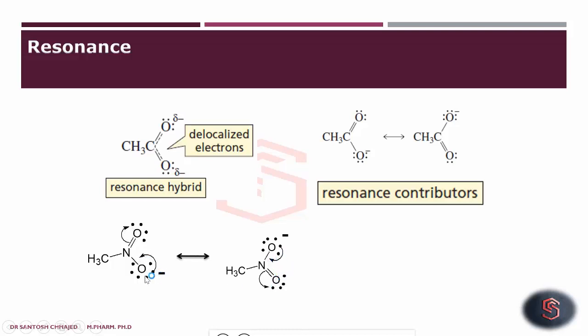Now particularly this oxygen becomes stable, but not the other one which was stable earlier. It has become unstable, so it will share its electrons back to the nitrogen, this double bond will be broken down, and we will get the structure which was there earlier. So that's why I mentioned that resonating forms are interconvertible.